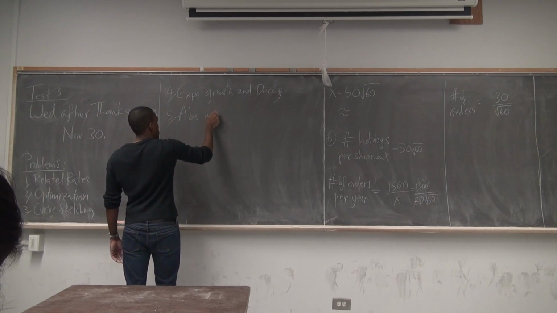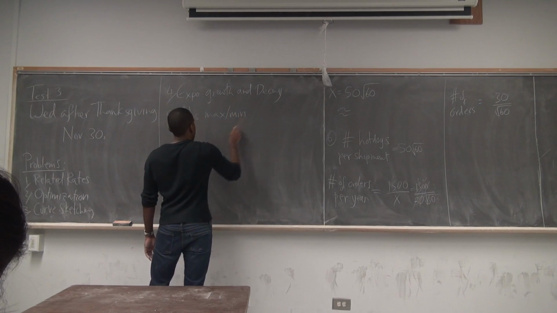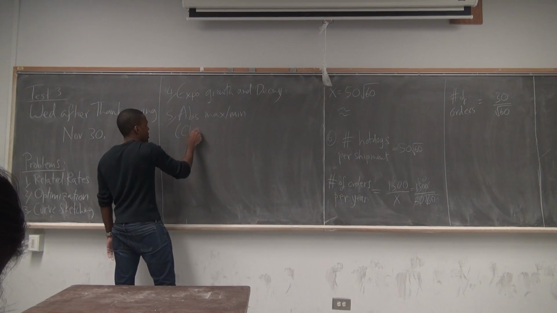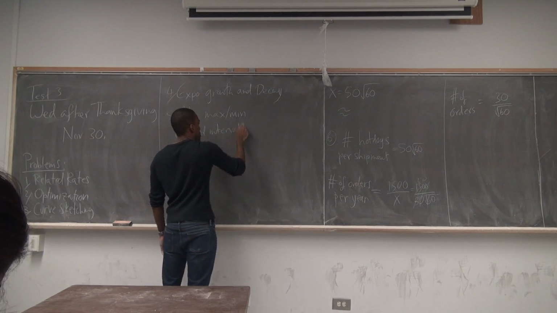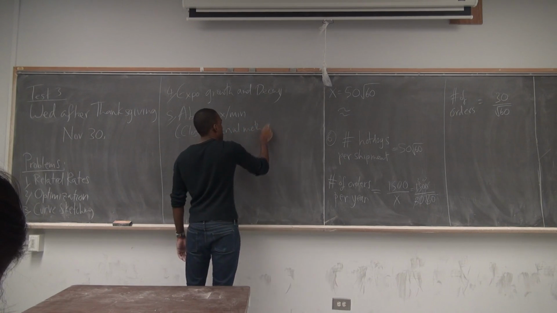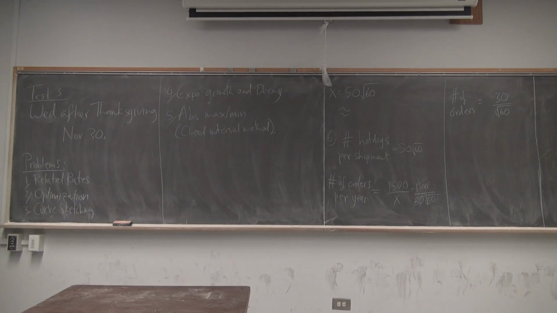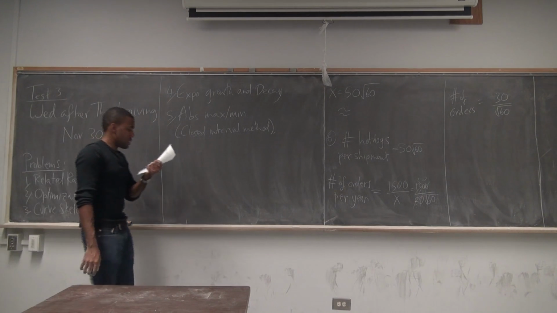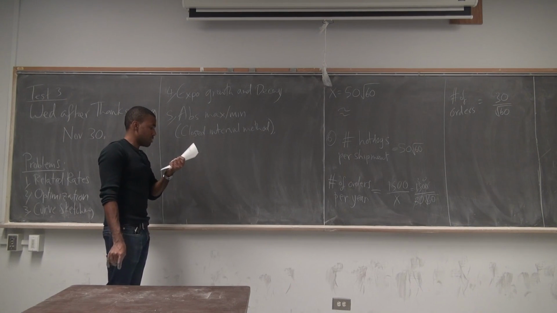Absolute maximum, i.e. the closed interval method. So exponential growth and decay, related rates, max and min values, where we covered relative and absolute max.